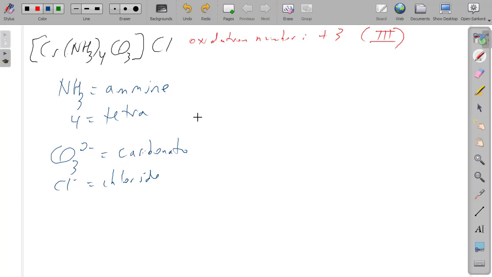So inside the coordination sphere, A comes before C. Again, regardless of the prefix, this is tetraamine, carbonato, and the element is chromium.